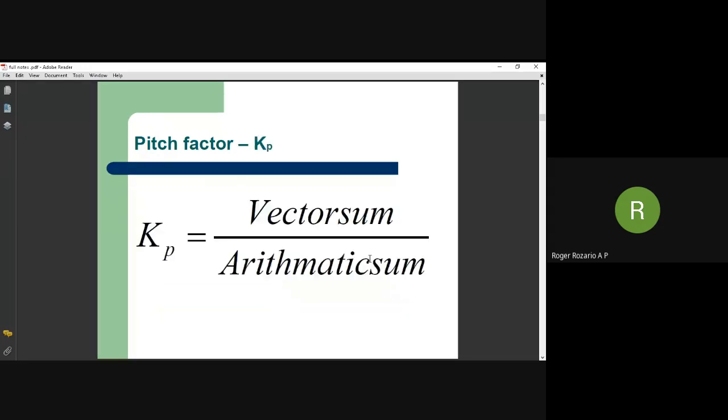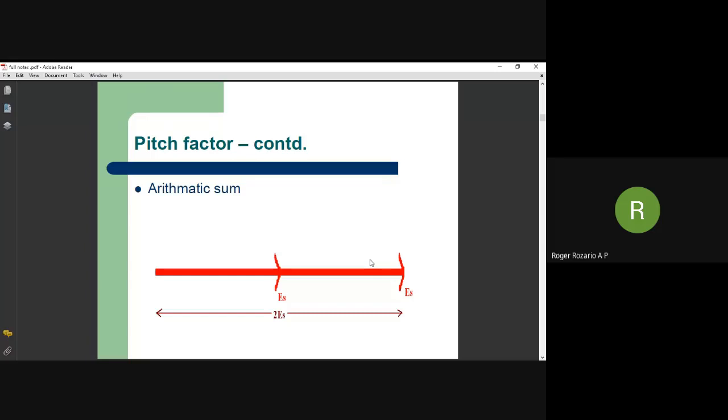So how will you calculate the arithmetic sum and vector sum? Suppose the EMF induced in the first coil is Es. If the EMF induced in the second coil is also Es, what is the arithmetic sum? You will simply add Es and Es, and you will get 2 Es. This is the arithmetic sum.